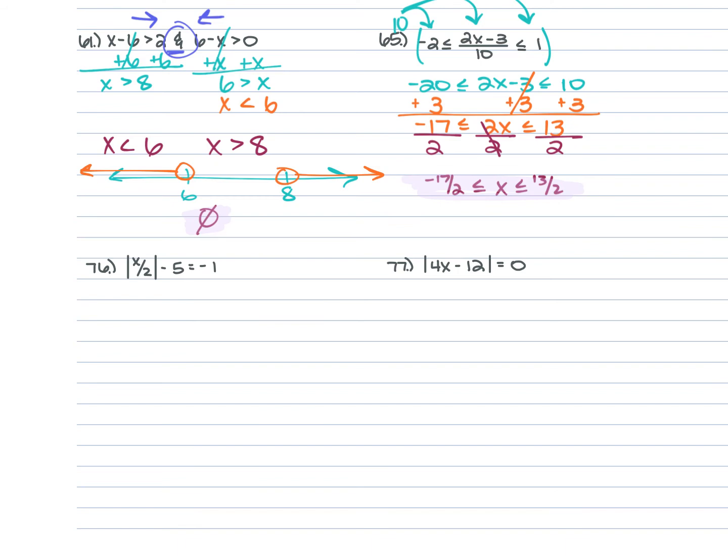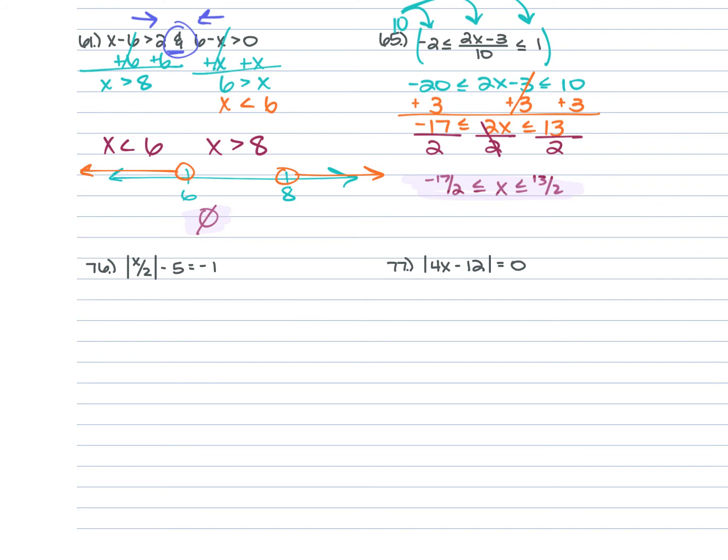Separate it into two without the absolute value symbols and solve for both. If it is equal to 0, that's fine. You're only going to have one equation. If it's equal to a negative number, it's not possible, so automatically it would be no solution. Okay? Your inequalities, I'll get to those when we go over some of them, so that way you know how to evaluate them.